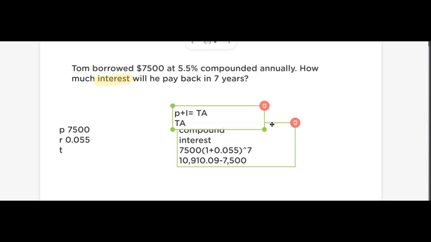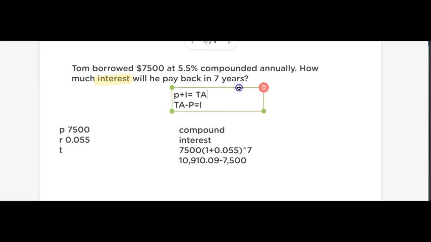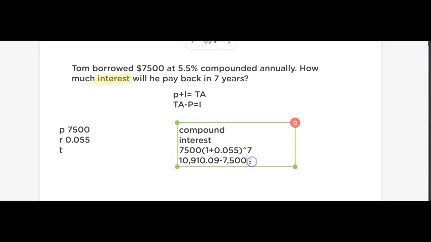It's going to be total amount minus the principal gives you the interest. This is basically what we're doing here. So I got a little calculator here because I'm really trying to save on time, and I'm just going to do that. So minus the 75. So the answer to this is 3410.09. That's our interest.